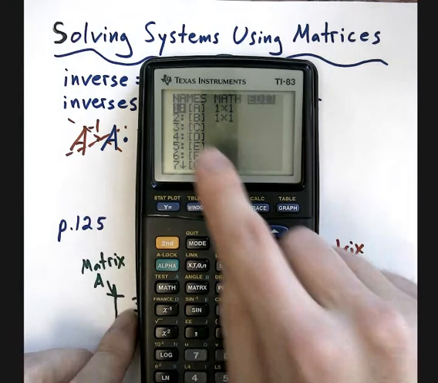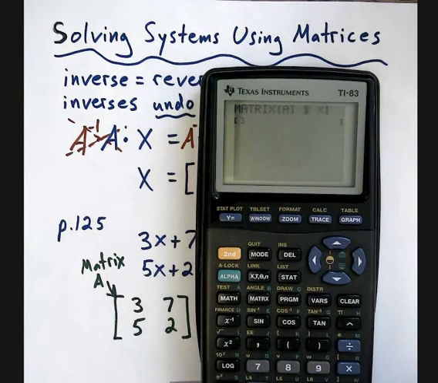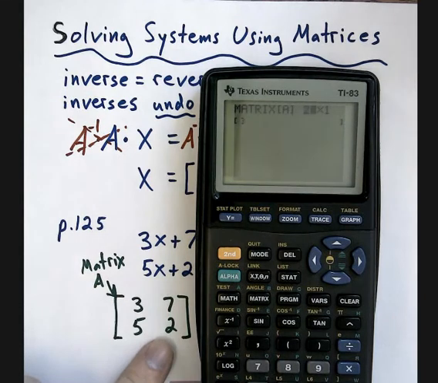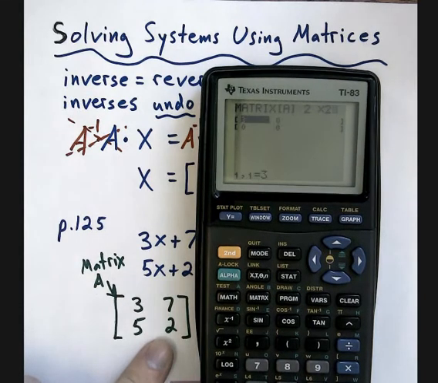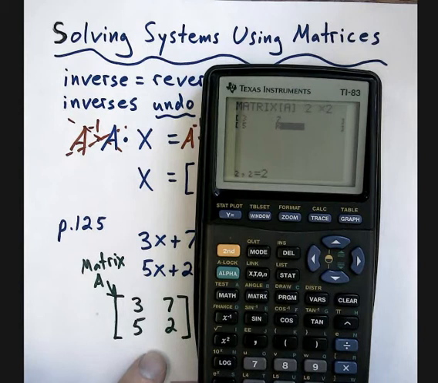I want to edit A first. I need to tell it the dimensions. Matrix A is a 2 by 2, so 2, enter, and the values are 3, 7, 5, and 2. All right. So matrix A is the 2 by 2 matrix that I want.